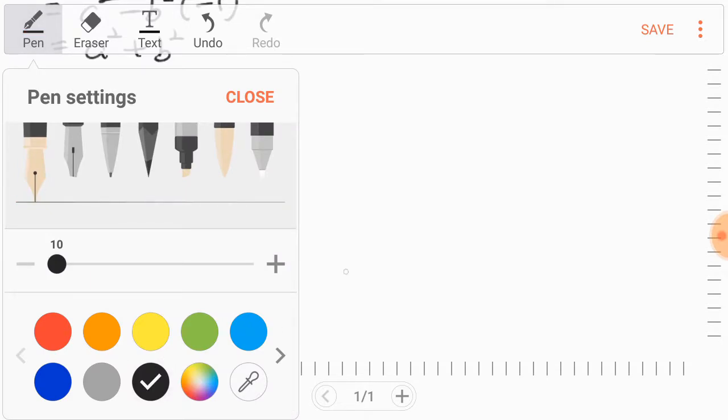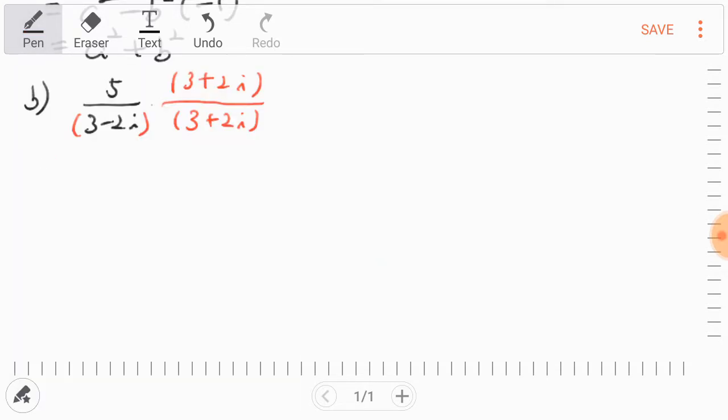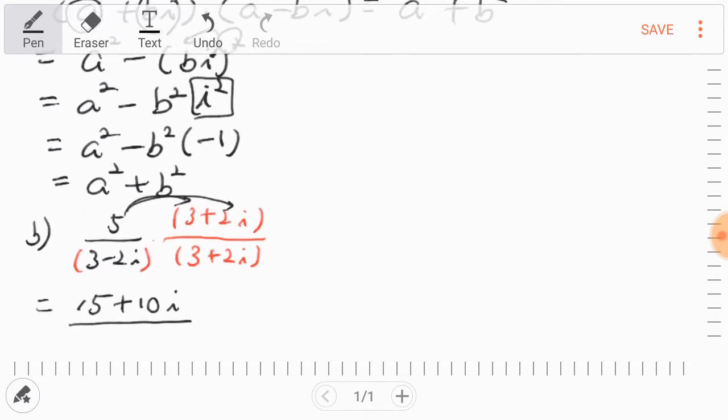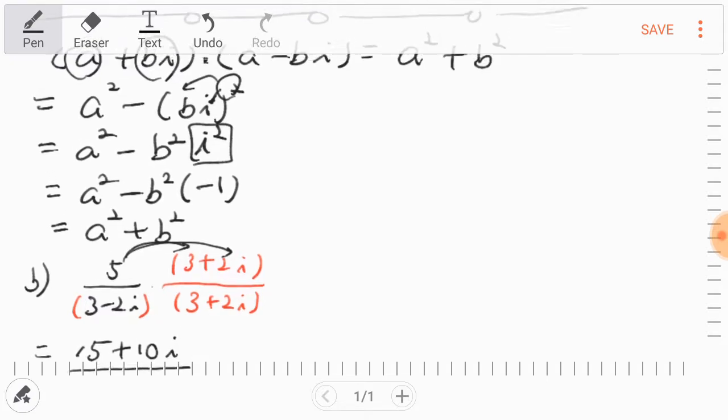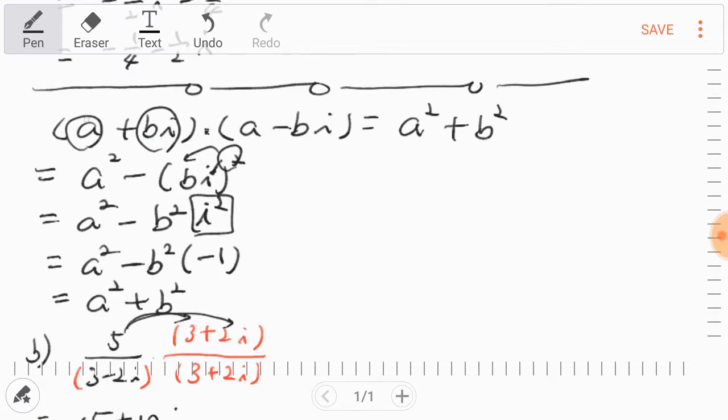And then distribute in the numerator and the denominator. So 5 times 3 is 15. 5 times 2i is plus 10i. Divided by, okay, do you remember the previous information? The product of two complex conjugates is what? a squared plus b squared.